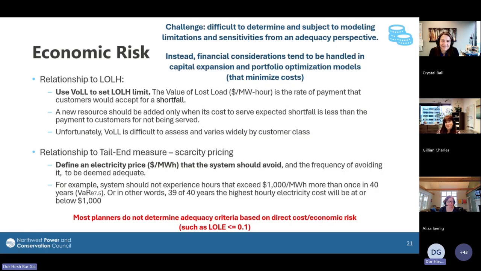It just doesn't get captured from an adequacy perspective. Instead, it is handled in the capacity expansion, the portfolio optimization models, where they need to satisfy many constraints, including the costs. So the takeaway should definitely not be that adequacy doesn't care about cost. It does. But models that optimize power systems include those. And so it is captured, just not directly from an adequacy metric. We'll see what happens in the future. But currently, this is the industry approach.